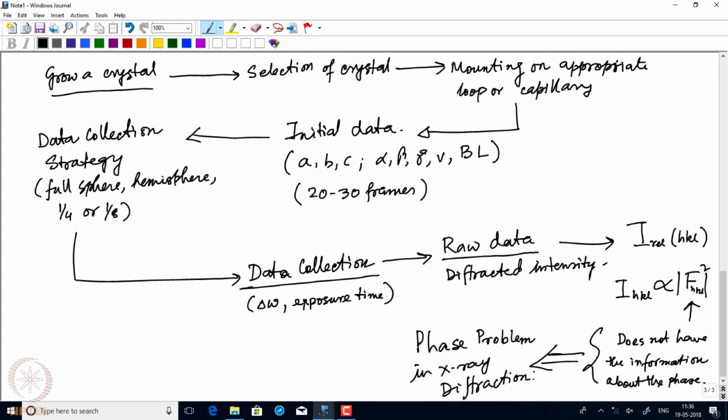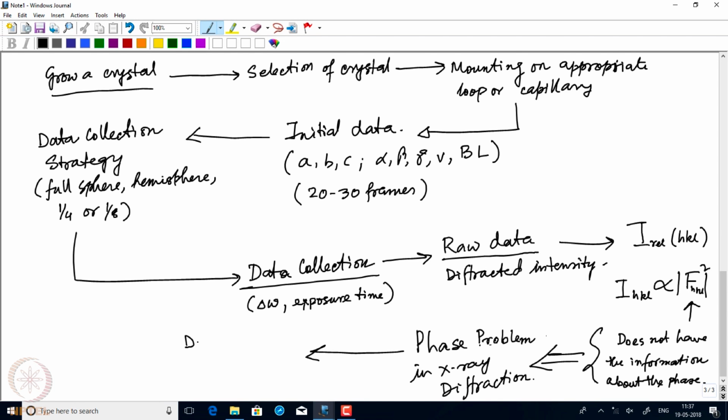This phase problem is solved by different methods. There is a set of direct methods, and we use different packages to solve the phase problem.